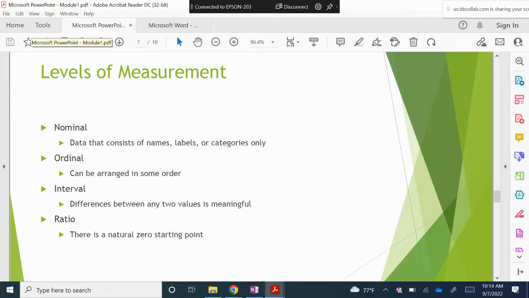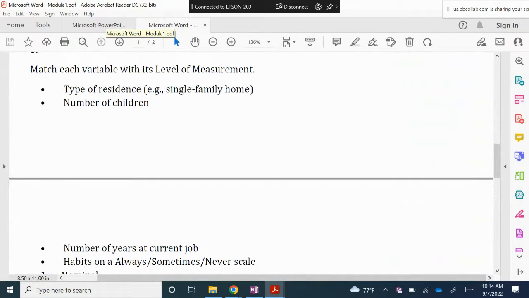All right. So you would go through all 4. Let me go back. Number of years at a current job. So is it nominal? It wouldn't be nominal because it doesn't categorize anything. Is it ordinal? Can you put it in order? Is it interval?